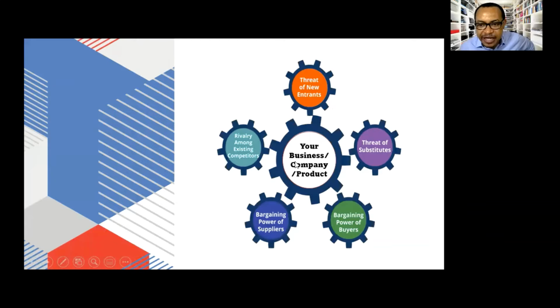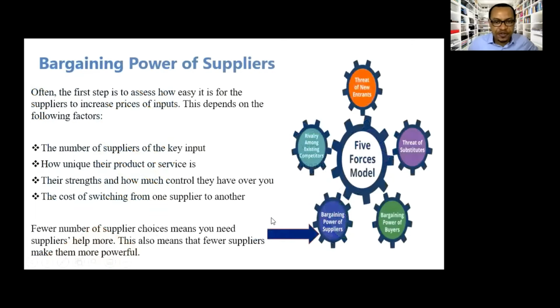At the center here is your company's product or your service which you are assessing against those forces, starting from the power of suppliers, the power of buyers, the threat of substitute, the threat of new entrants, and the rivalry among existing competitors.